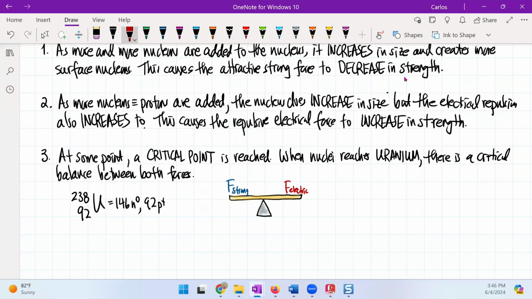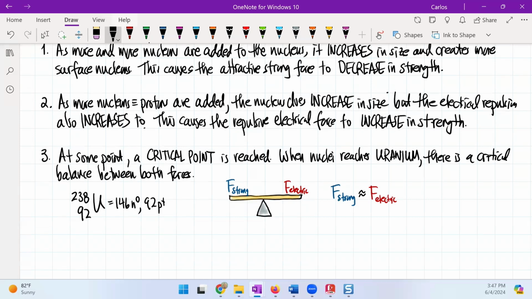These two at this uranium atom are critically balanced. In other words, F strong is just barely being balanced, because these guys are effectively neck and neck.